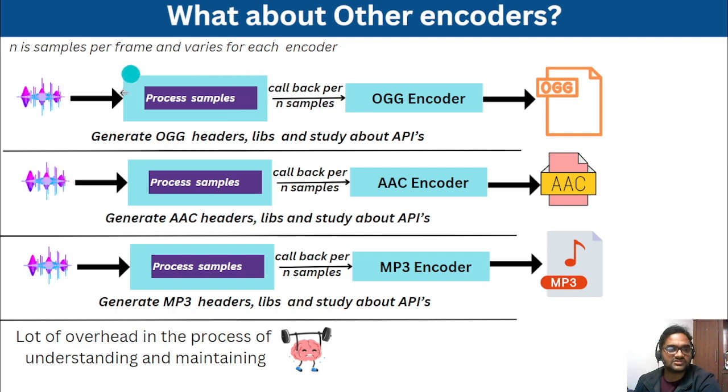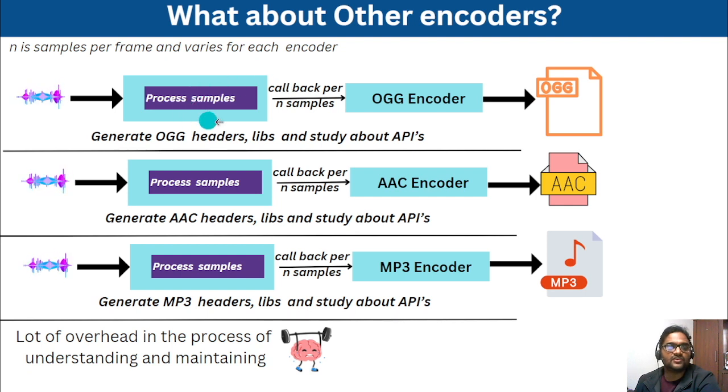We need to process all the samples and call back per n samples. Here n is the samples per frame, and that varies for each encoder. For example, we have seen 160 for AMR and 1024 for AAC, and MP3 has a different number of samples per frame.